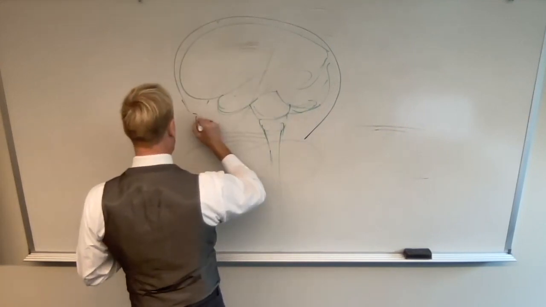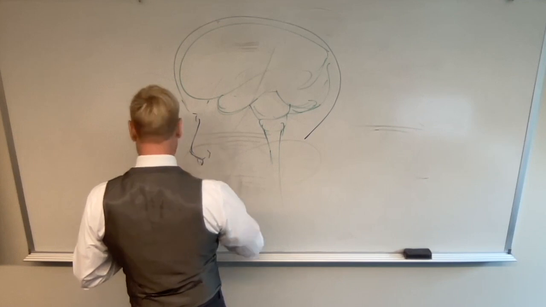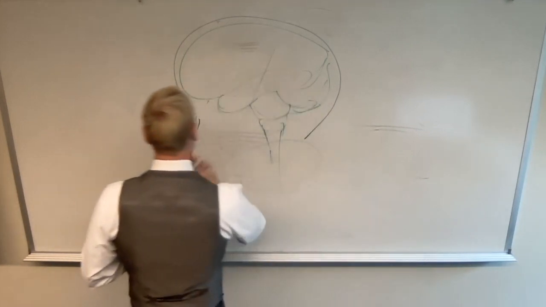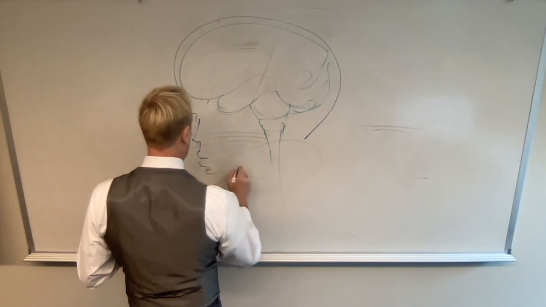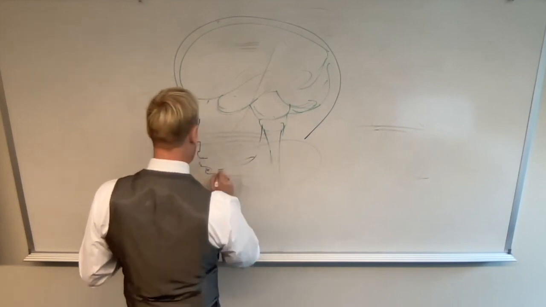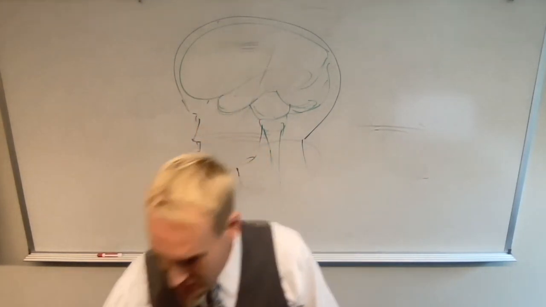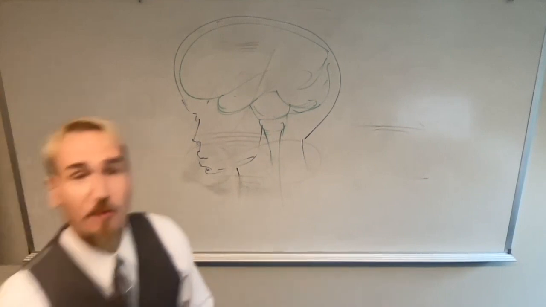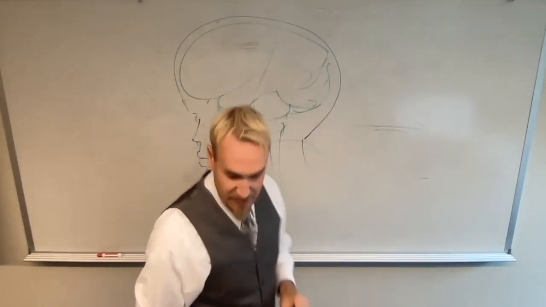I always like to do that because it gives some sense of, I don't know, humanity to the conversation. Okay? And we will address those main lobes that we already encountered. So brain structure in general.